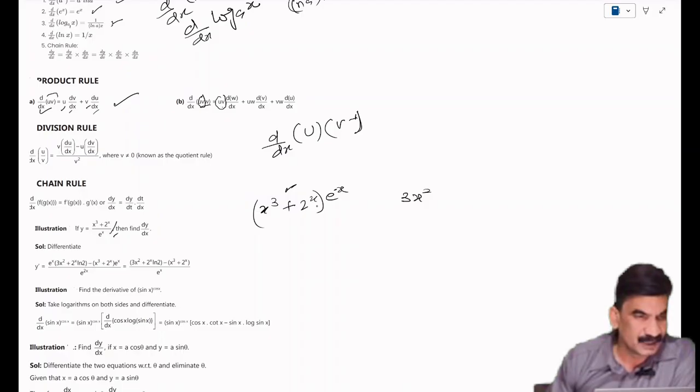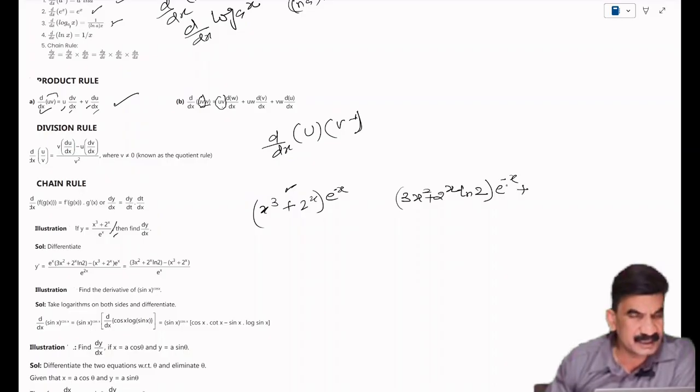So when I differentiate it, it will be 3x squared plus 2 to the x. The differentiation is 2 to the x ln 2. I write log 2, that's okay. All right. And the plus sign and e to the minus x remains as it is.